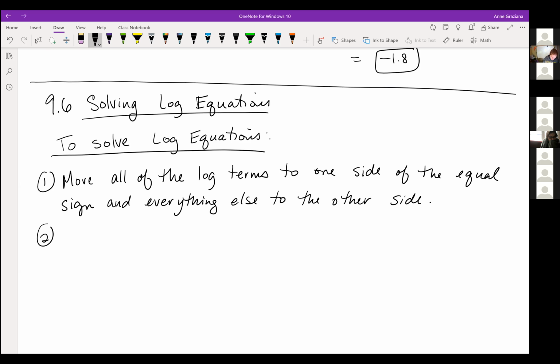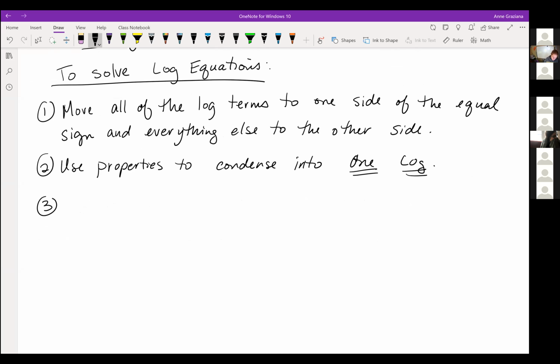Okay, 2, use properties to condense into one log, okay? Then you're going to use the definition of logs to get rid of the log.